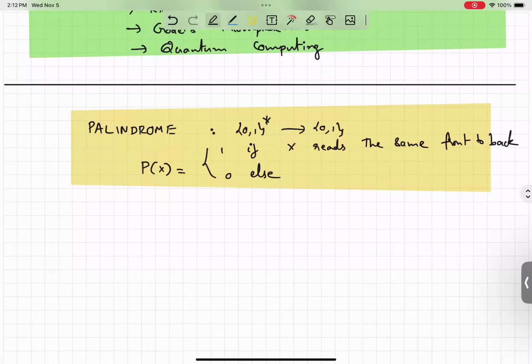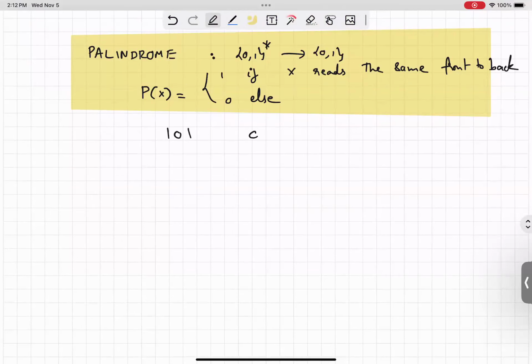For example, 101 and 0110, P of these equals 1.